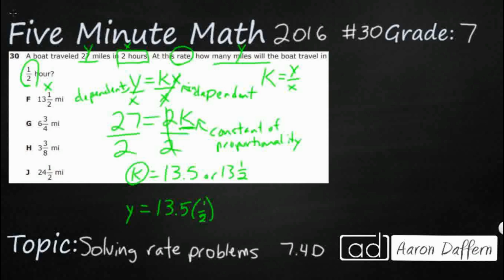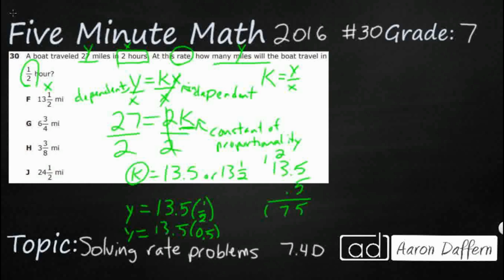Let's go ahead and make that 13.5 times 0.5. Lots of decimals there, but that's fine. We'll make that happen. 13.5 times 0.5, that's 25. That's 15. That's going to be 17.